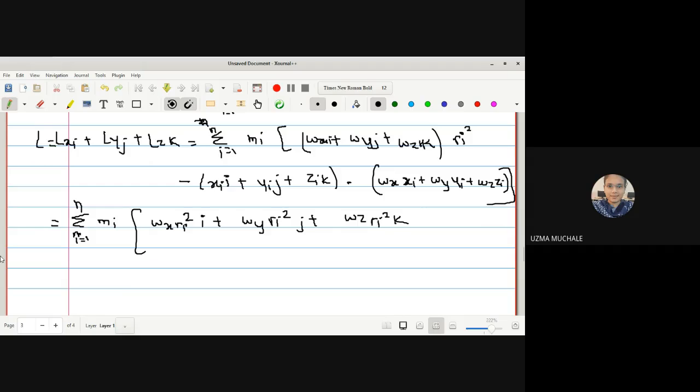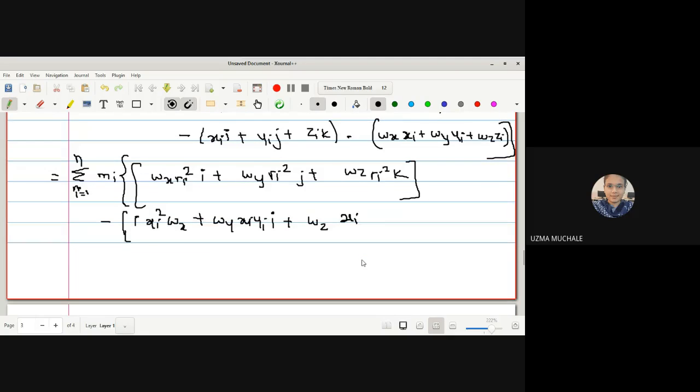Now I have to multiply the next terms with the negative sign. Minus, this is common for the whole bracket, minus, what we have: xi as it is into wx xi, xi dot xi will be xi square, plus the next term, we get wy xi yi into i, plus wz xi zi into i.